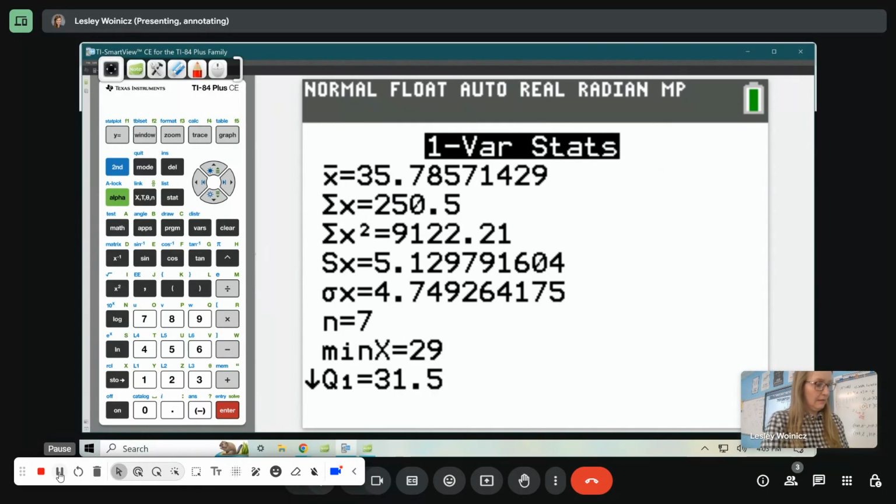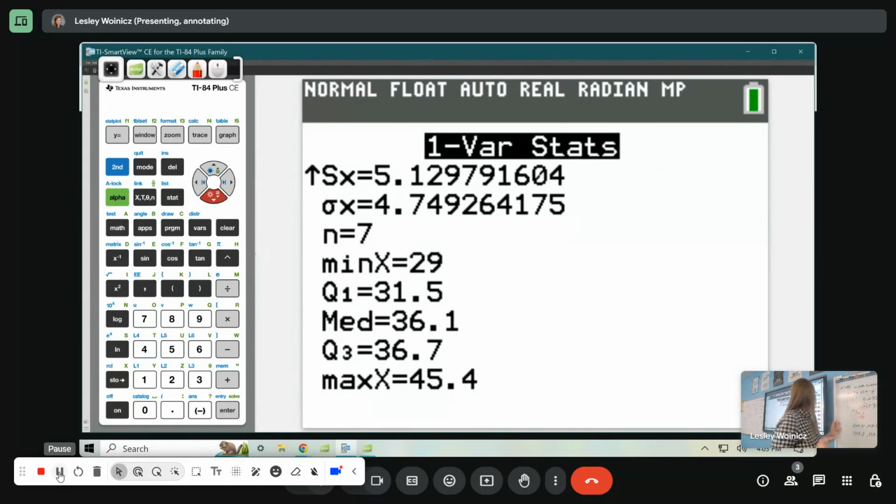So my mean is 35.786. My median is, arrow down, 36.1. Okay, my range is 45.4 minus 29.